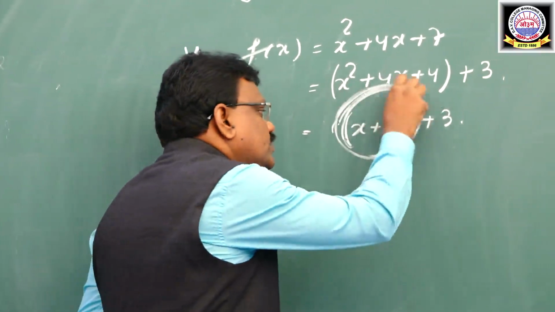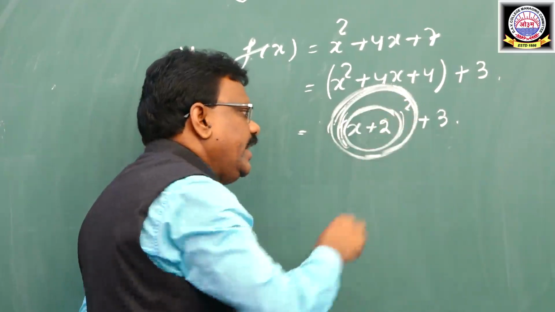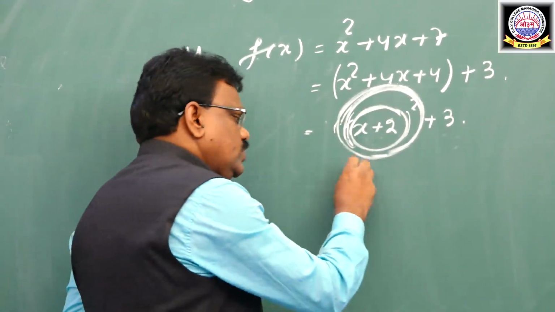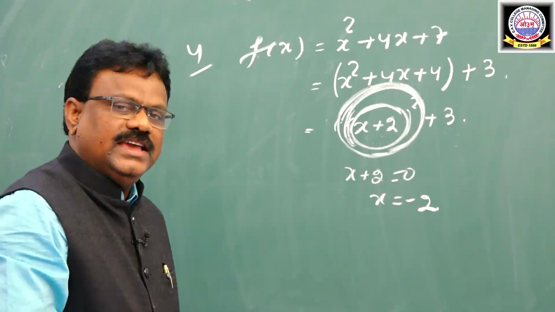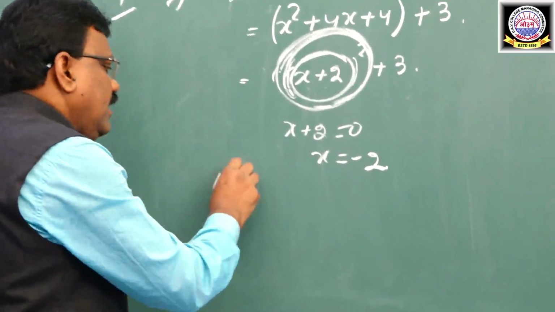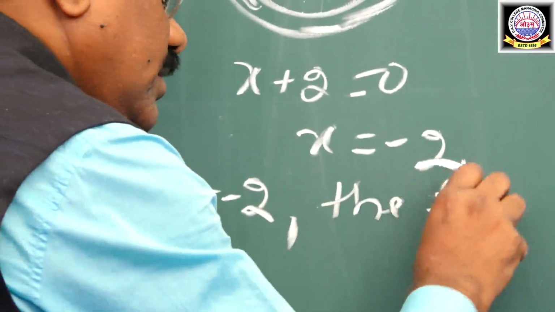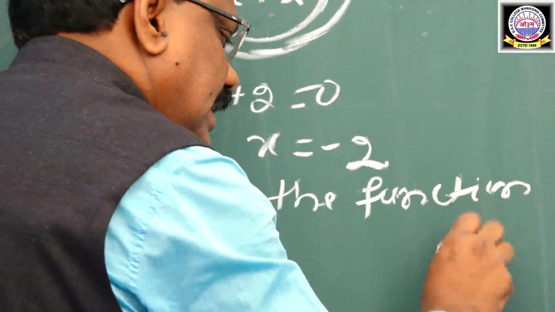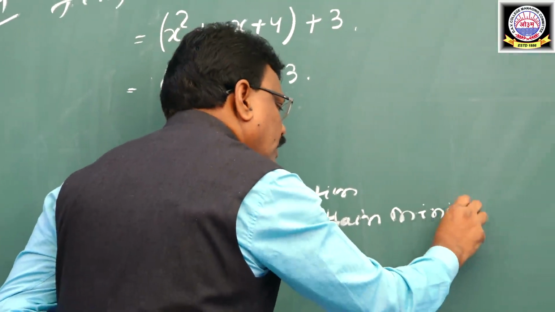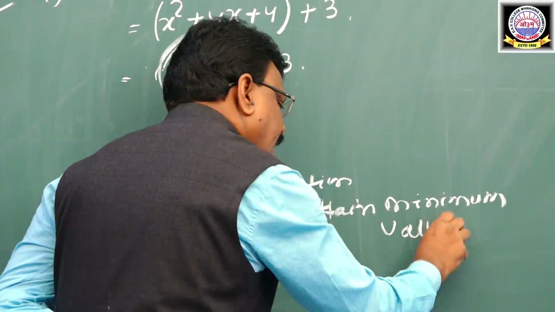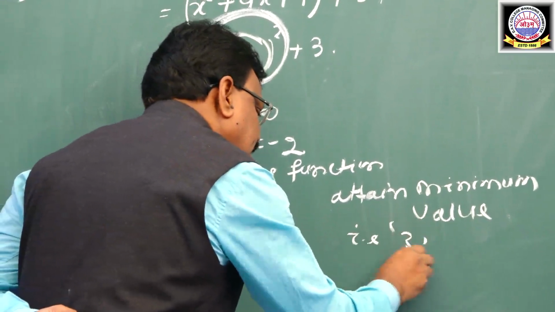When the value of the expression will be 0, that is, when x plus 2 is equal to 0. So x is equal to minus 2. So, I can say here at x is equal to minus 2, the function attains the minimum value, and that minimum value is 3.